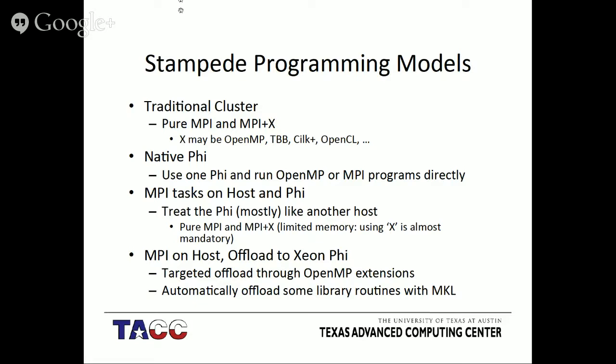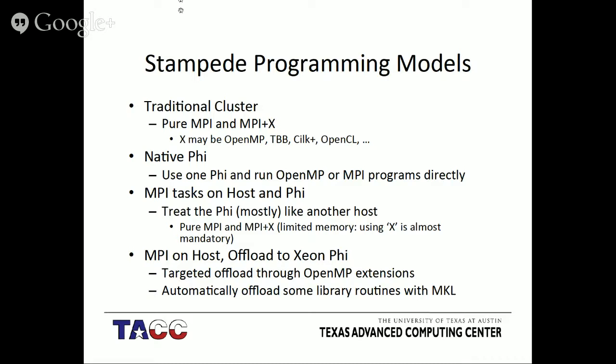You can just make a small representative example that fits on a single card. You log on to the card, you run your MPI code there, or you run your OpenMP code. But in the end, you want to use more than one node, and you want to use the hosts and the Xeon Phi. So we come to the other programming models.